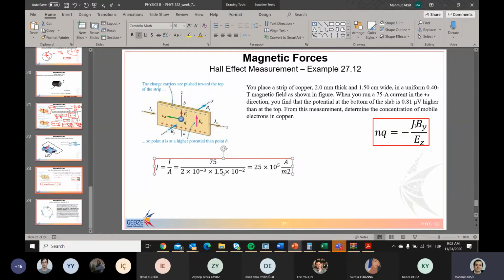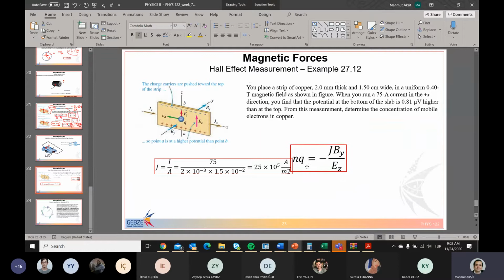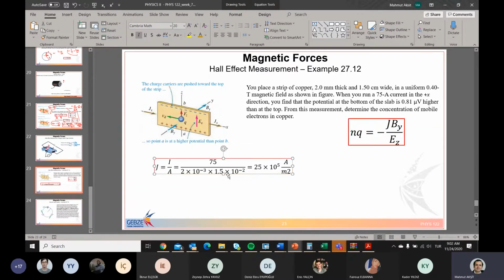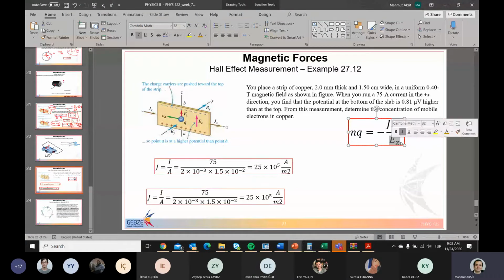And the next step will be, so you know the current density. So you take this equation. It gives you the voltage drop. So you need to get the E as well. So how do you get the E? E would be voltage divided by distance, right?